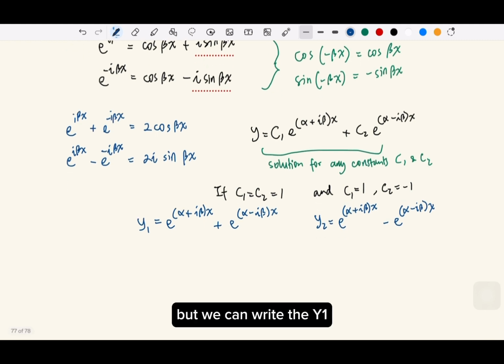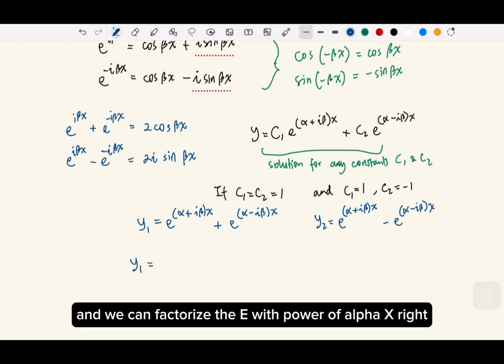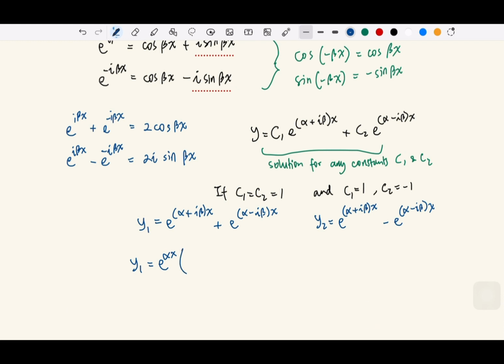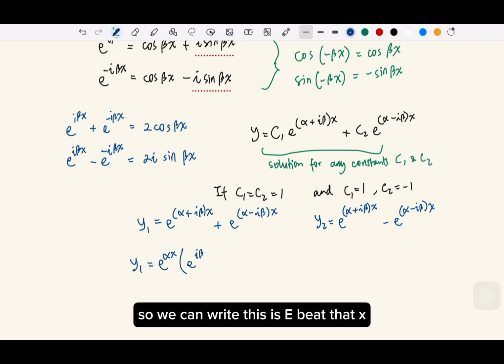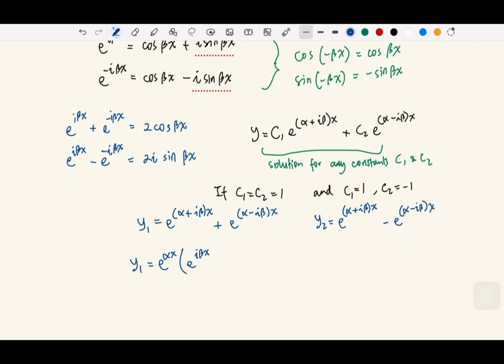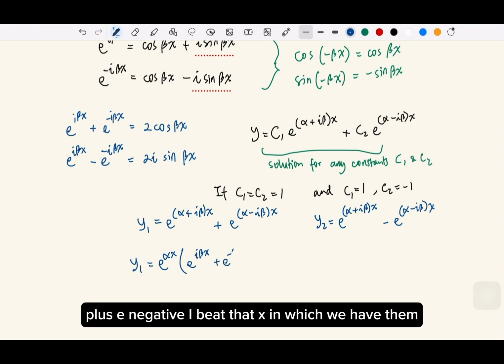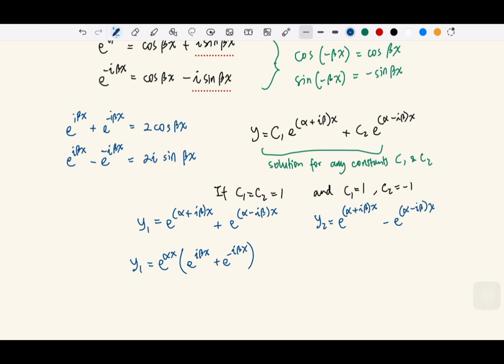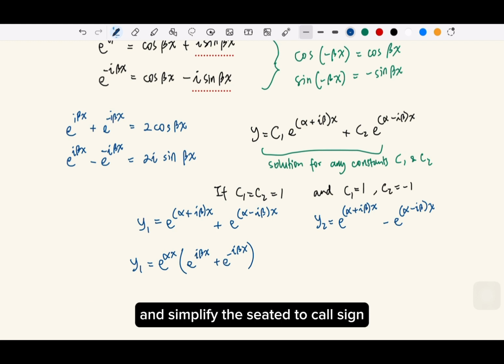But we can write the y1 and factorize the e to the power of alpha x, right? So we can write e to the i beta x plus e to the negative i beta x, which we have simplified into 2 cosine. So we can exchange it with 2 cosine.